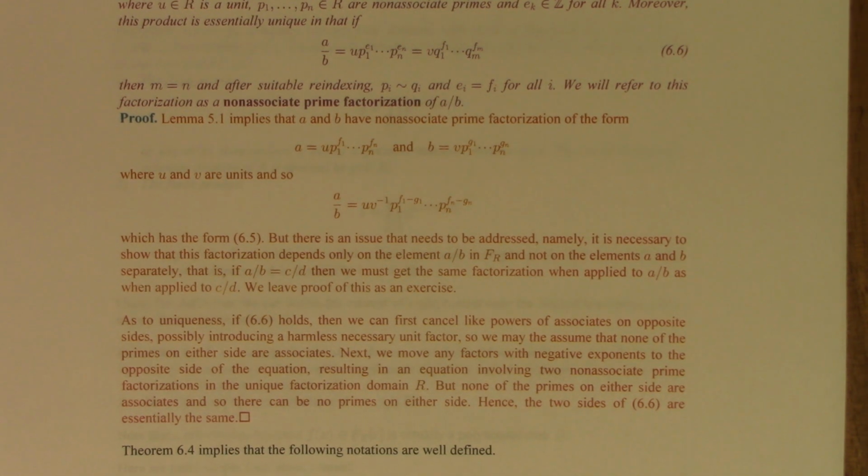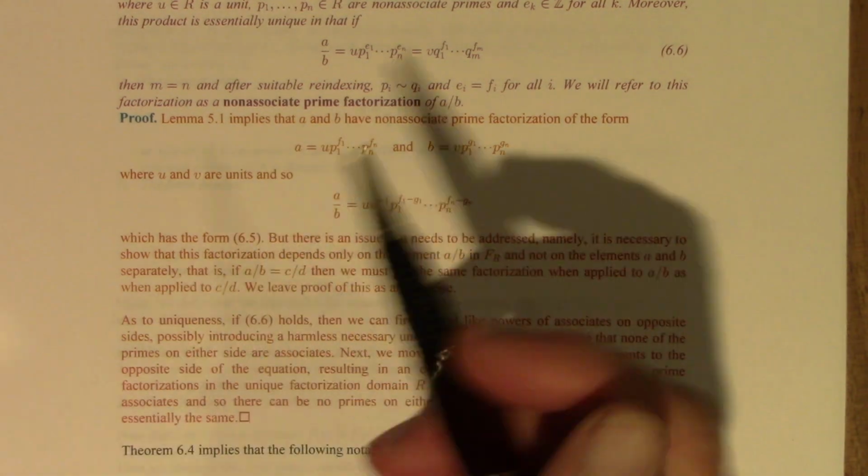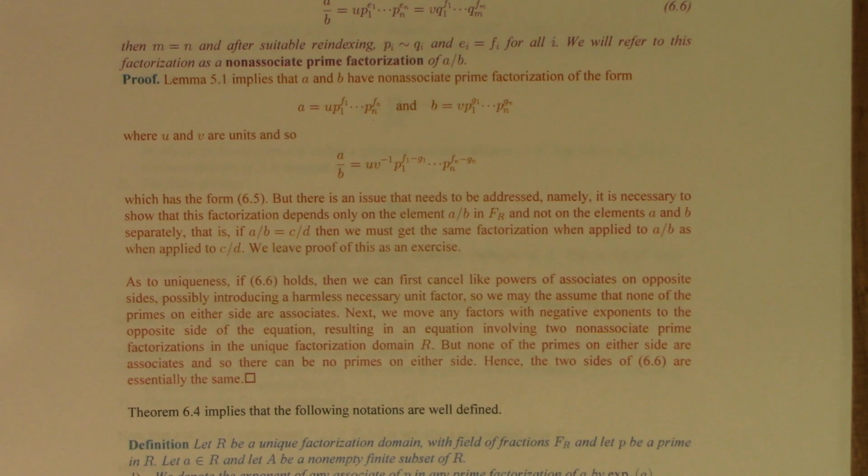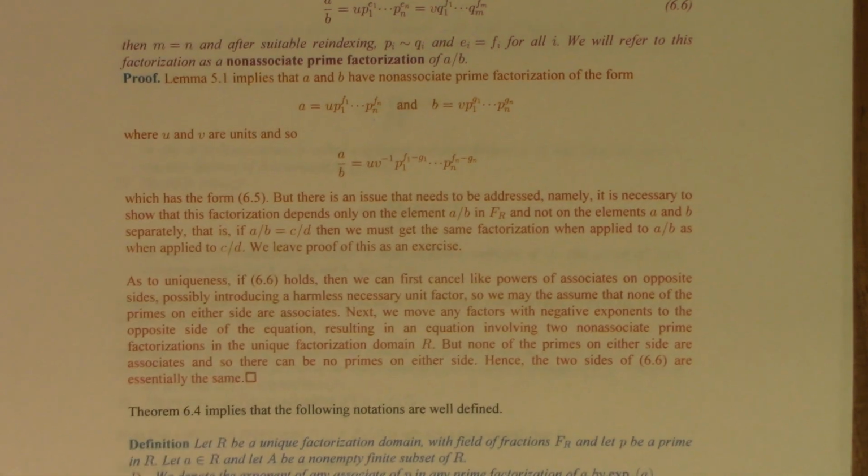That may introduce a harmless, necessary unit factor, but as I said before, we're not concerned with U and V in the definition of essential uniqueness. So we can cancel as many associate pairs as possible. Then we can move any factors with negative exponents to the opposite side of the equation.